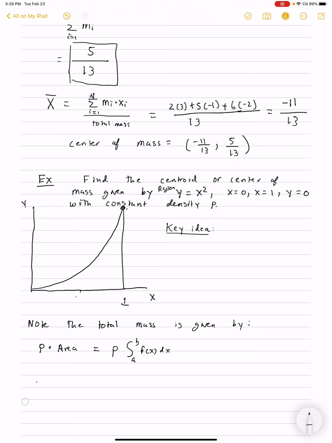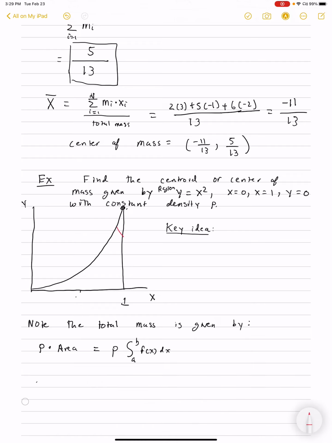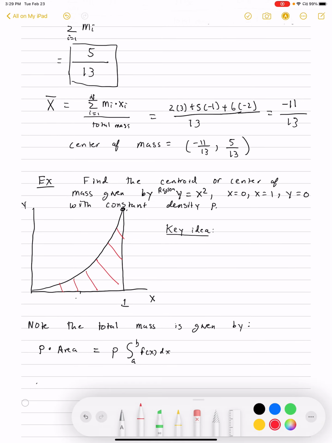Now this area has a weight because it has a density. Think of it as being a metal. I'm going to shade this metal red. Then I have to delete it because I need to draw some diagrams. So imagine that this is completely filled, like a metal or something like that. Our goal is to find the center of mass or centroid.